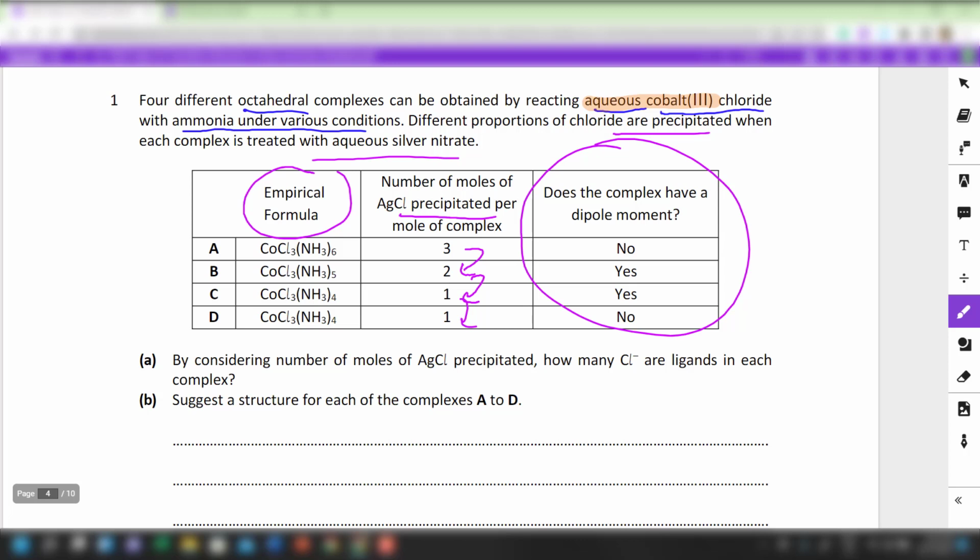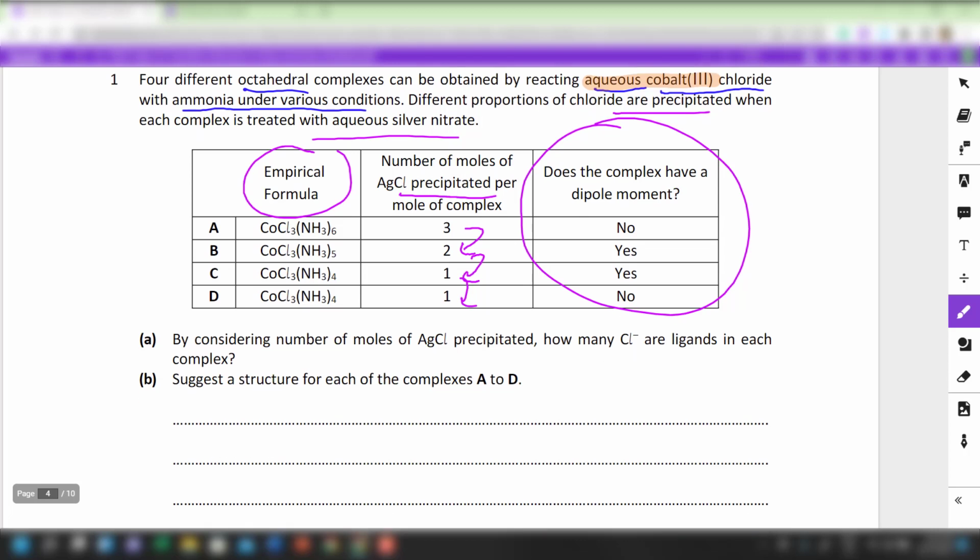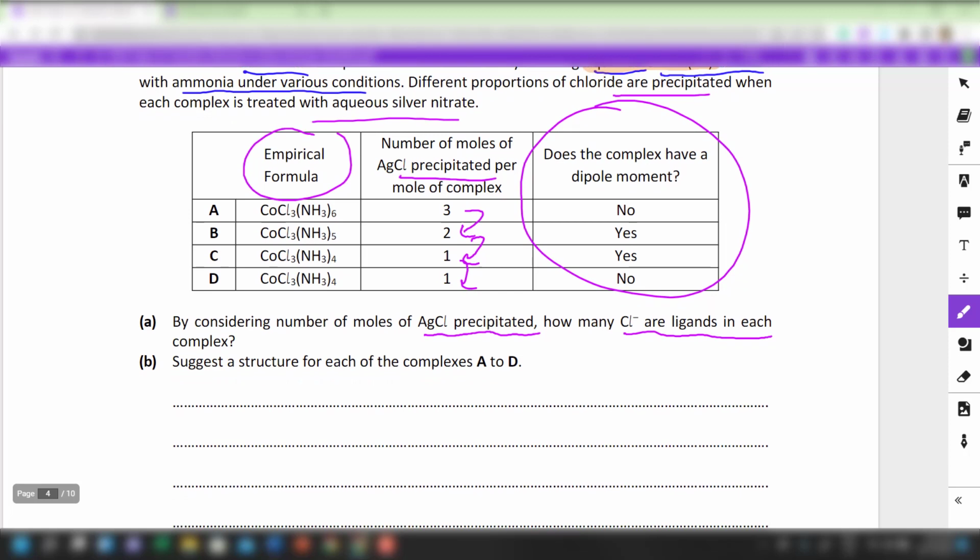First of all, if you look at 1A, you are required to consider the number of moles of silver chloride precipitated out, and then determine how many chlorides are ligands in each of the complexes. Over here it should be quite straightforward, because for compound A you have 3 chlorides being precipitated out. So the number of chlorides coordinated as a ligand would be 0 for A. For B, because you get 2 moles of silver chloride being precipitated out, there will be 1 chloride acting as the ligand.